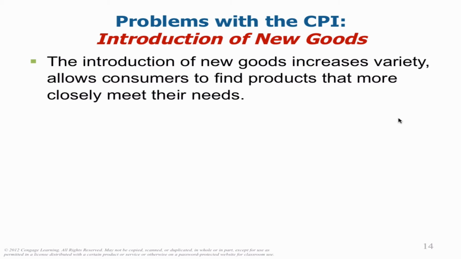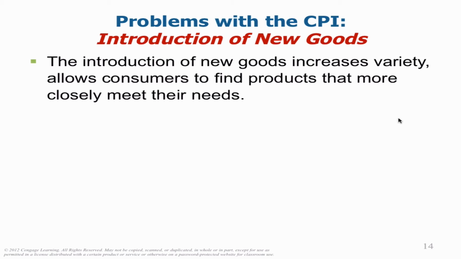Those didn't used to be out there, so when you bought yogurt, you chose Dannon or Yoplait or store brand. Now, there's more variety. You get to choose what works for you. If you're having irregularity issues, you're going to go with the probiotic yogurt, which may have a different price. You may need to buy it in different quantities than you've been buying before. And CPI's fixed basket can't account for that.